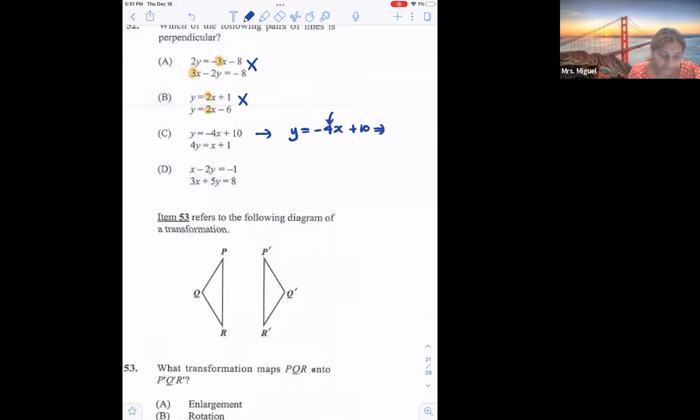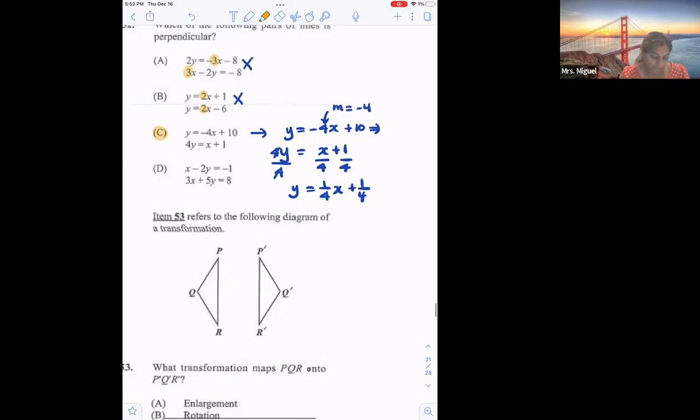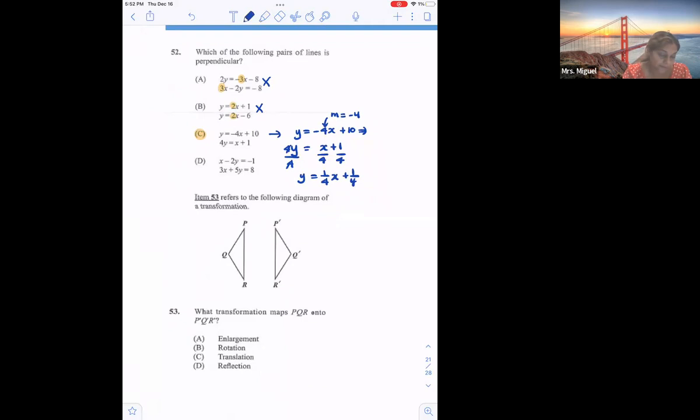Here, the gradient is negative 4. This is 4y is equal to x plus 1. If we divide each side by 4, y is equal to a quarter x plus a quarter. So this is the negative reciprocal. The answer is C. Which transformation maps PQR to P prime, Q prime, and R prime?